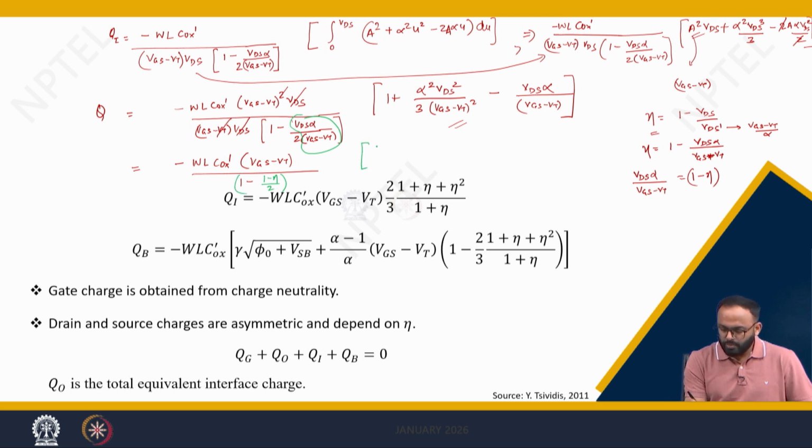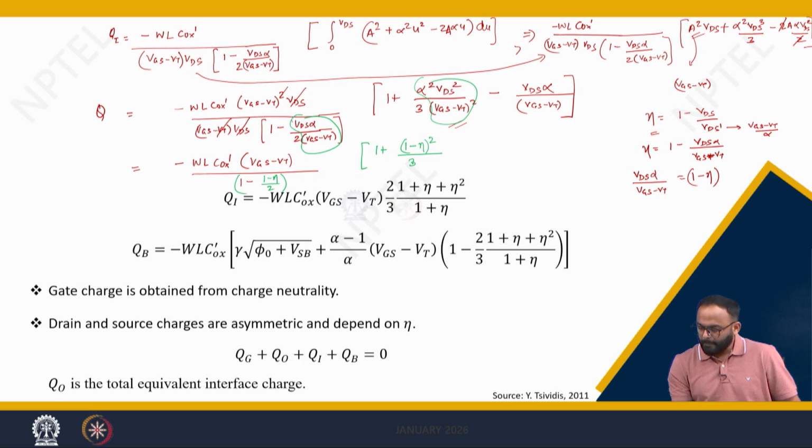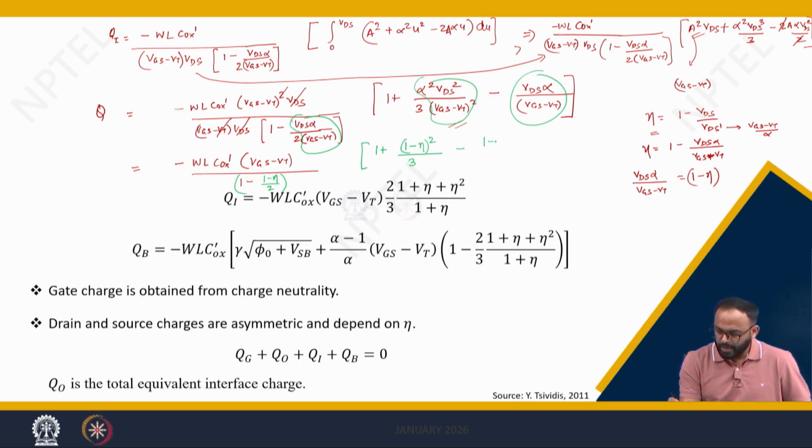In the numerator, 1 plus, what is this quantity? 1 minus eta whole square divided by 3, right, minus this quantity, which is 1 minus eta.